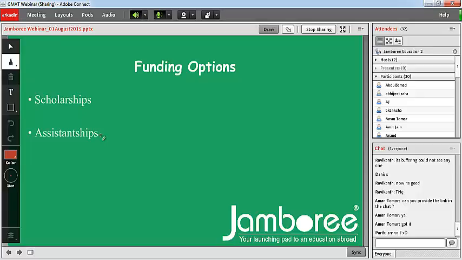So the difference between scholarship and assistantship is that the scholarship is given to you. You don't have to do anything in return, based on how you have done on your applications. The scholarships are awarded based on that. Assistantships, you can earn anytime throughout the year, and for that you have to do something in return. So we'll talk more about that later on.